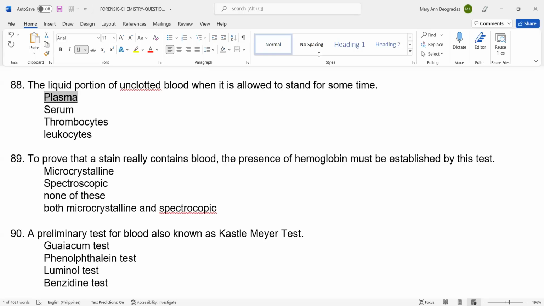Which is the best answer there? Okay, sumagot. Letter D ang sagot. D as in delta. Both microcrystalline and spectroscopic.